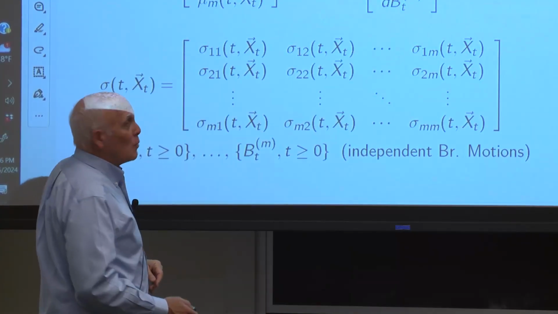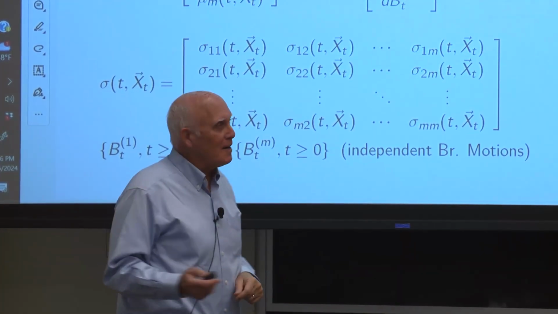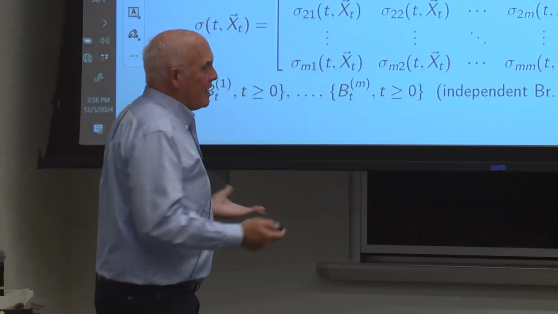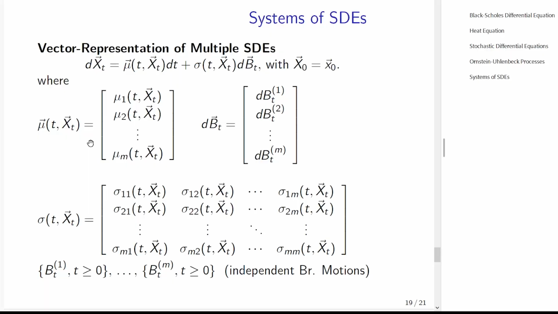All right, well, just to finish up, we can extend stochastic differential equations in one space variable and time to multi-dimensions. And so we can think of having m-dimensional processes evolving.